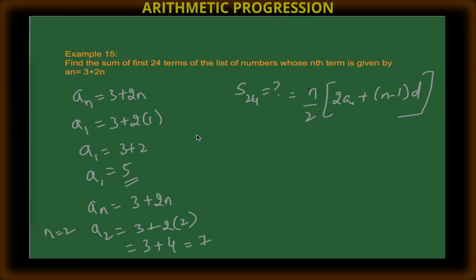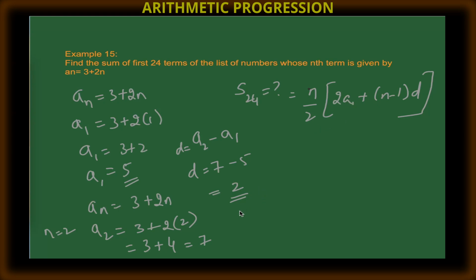Can we find d now? The second term a2 minus a1 will give d. So d is equal to 7 minus 5, which is 2. Okay, so we have the d.